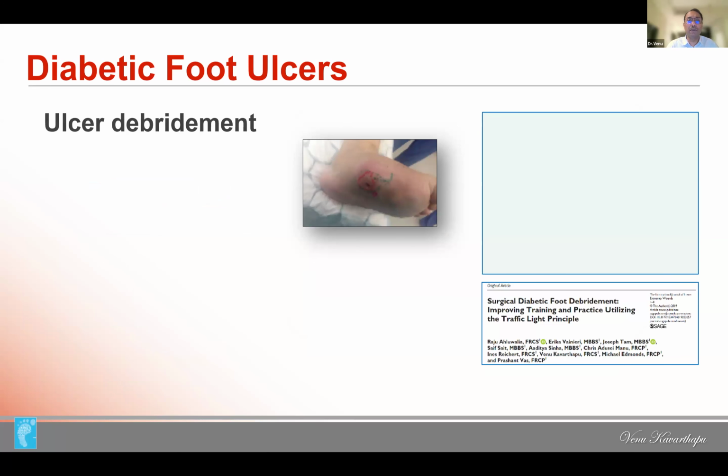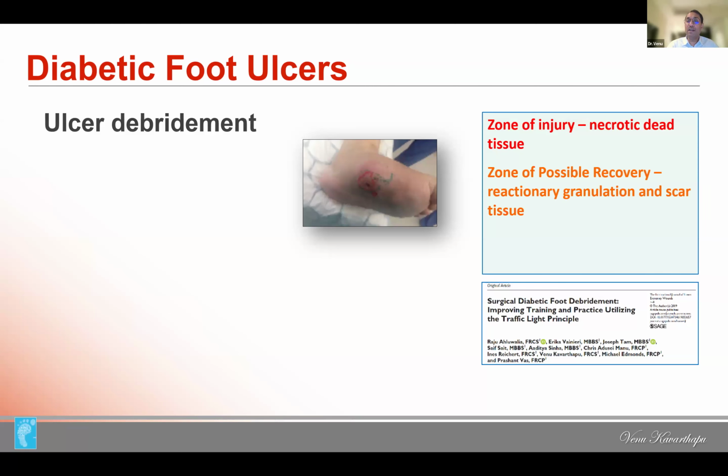If that requires debridement, we can observe that these ulcers come with a zone of necrosis, clearly infected, very obviously pathological tissue. But if you observe, that is surrounded by a zone of granulation tissue or scar tissue, which we call a reactive zone.